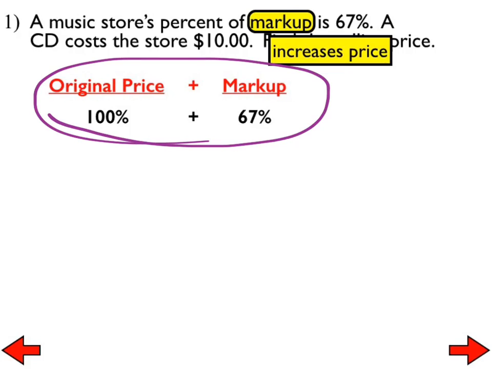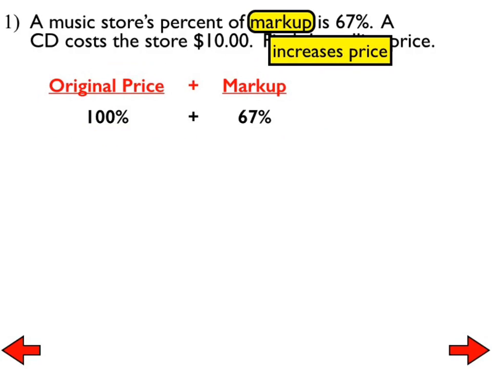The original price, and we're putting it in with the proportion column of your paper, right in the middle. So the original price was 100% of the price, and we're marking it up 67%. So that means that we are actually paying 167%. Once again, the original price was 100%.